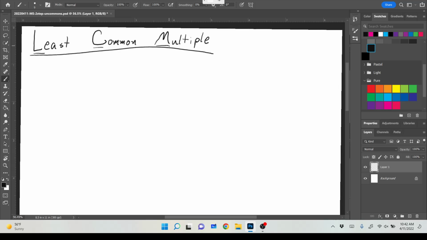We're going to start with 2, and then we're going to move on to 3 as well. We're going to find the least common multiple between two numbers. Okay? So let's pick the number 4 and the number 6. So we want to find the LCM between the two of those.